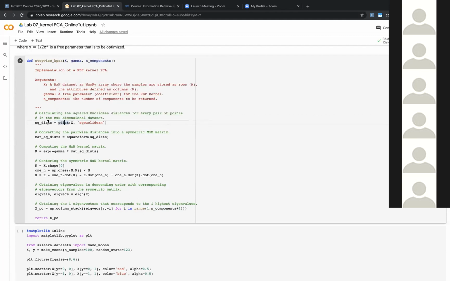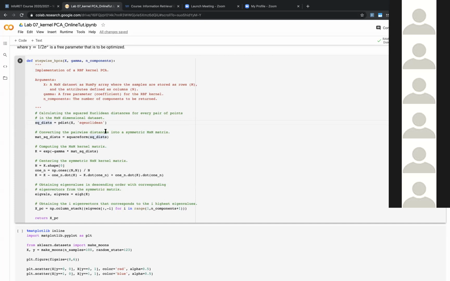So we have the squared distances in this matrix, and then we convert the pairwise distances into a symmetric matrix.